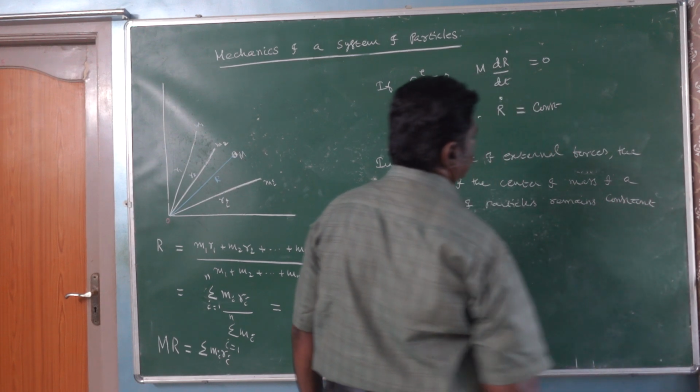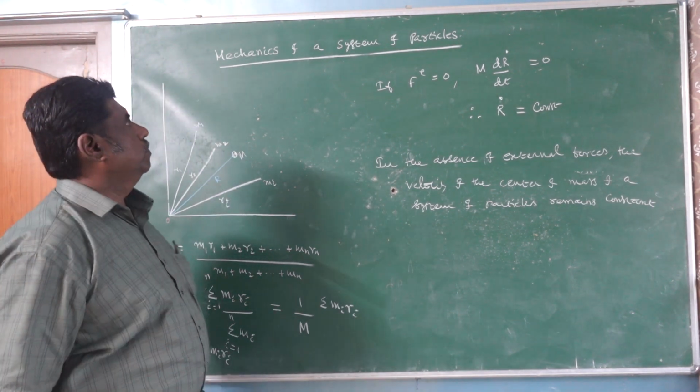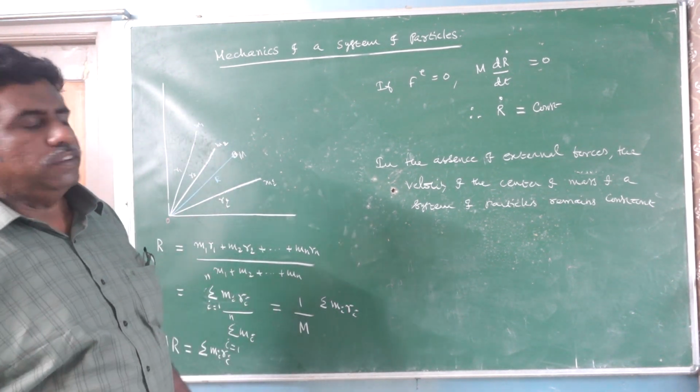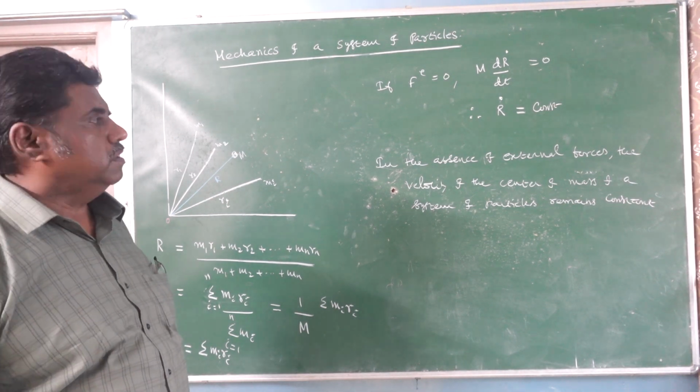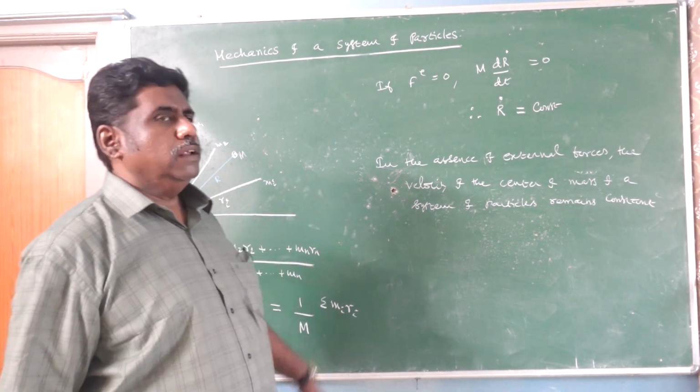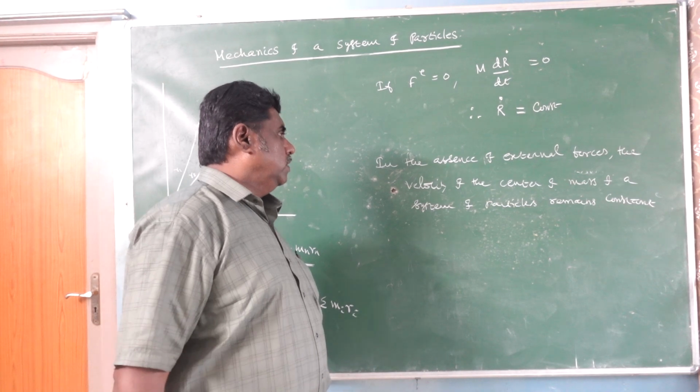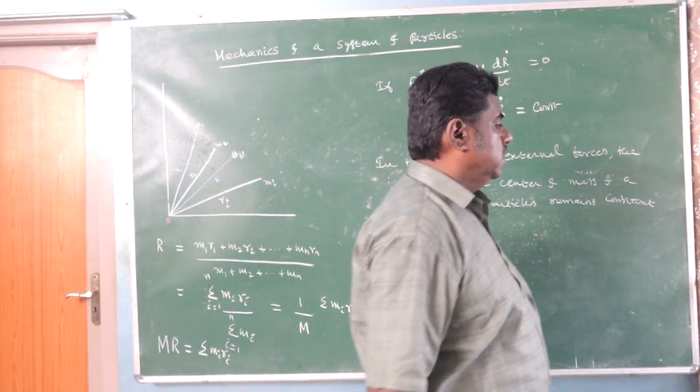This is the second conclusion we have arrived. If no force is acting on the system, the linear momentum of the system remains constant. If no force is acting on the system, the velocity of the center of mass of the system remains constant.